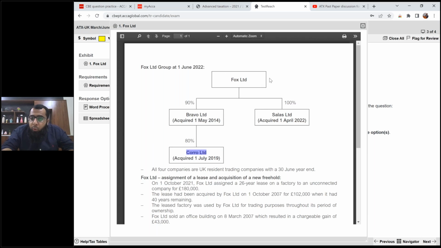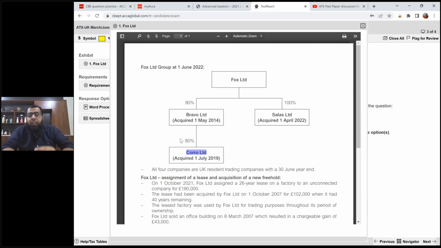But Coro Limited will be part of the capital gains group, because in a capital gains group, the indirect ownership requirement is 50%. But it will not be part of the 75% group, because in a 75% group, indirect ownership should be at least 75.